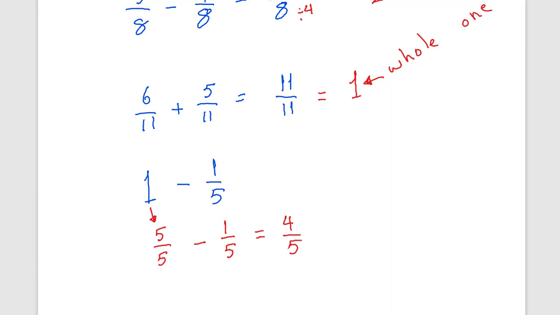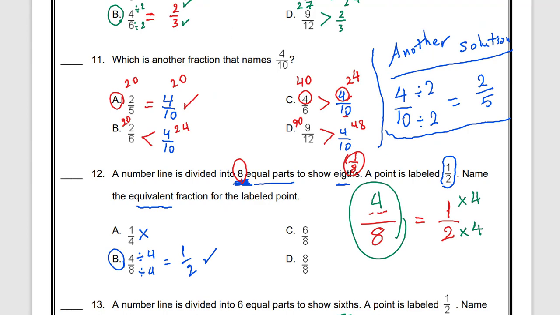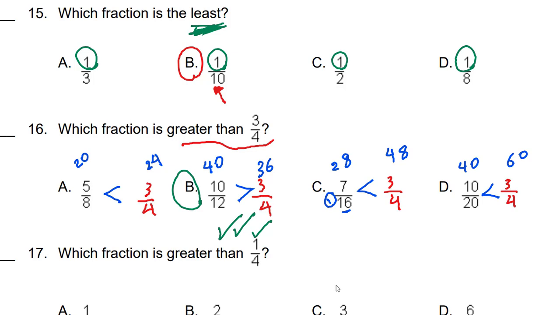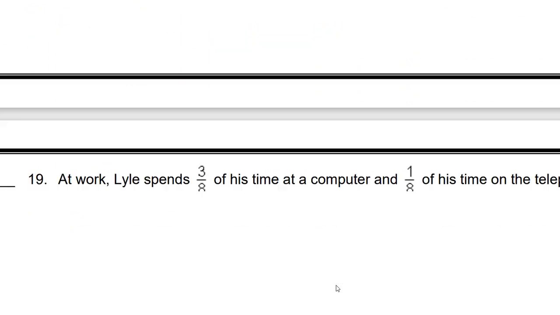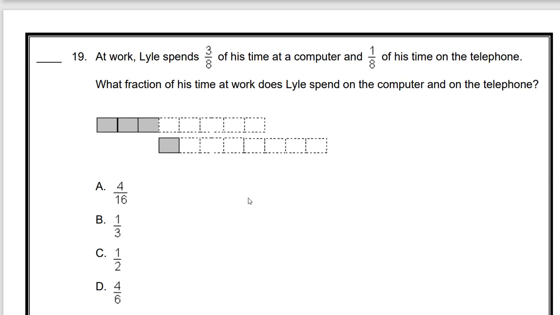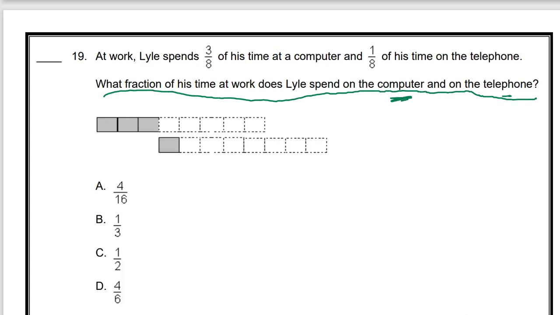Okay, and let's go to the revision sheet and see questions like these. In the revision sheet we can find questions like all of these. For example, in this question we need to find what fraction of time at work Lily spends on the computer and the telephone.